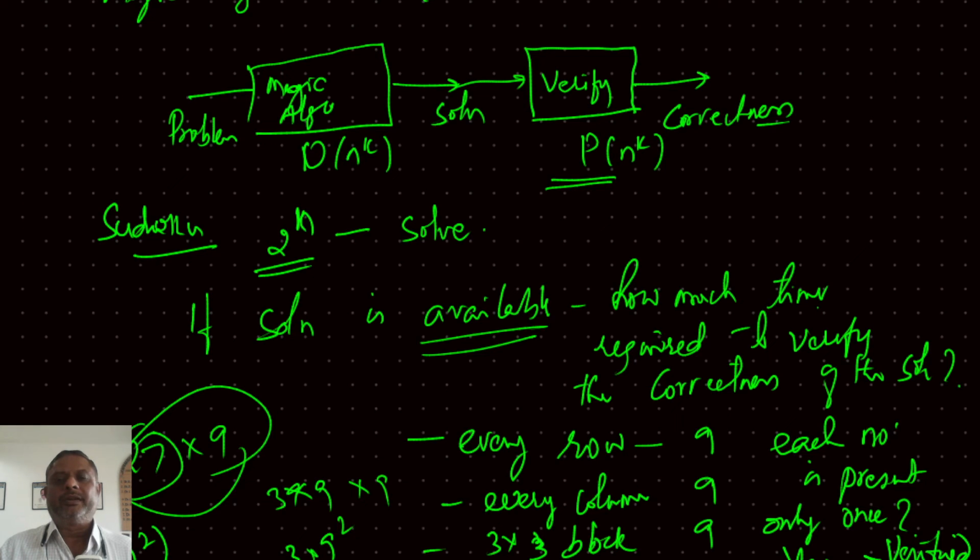So just verify the correctness. If we can do this verification in polynomial time, then it is a polynomial time verification we are doing.